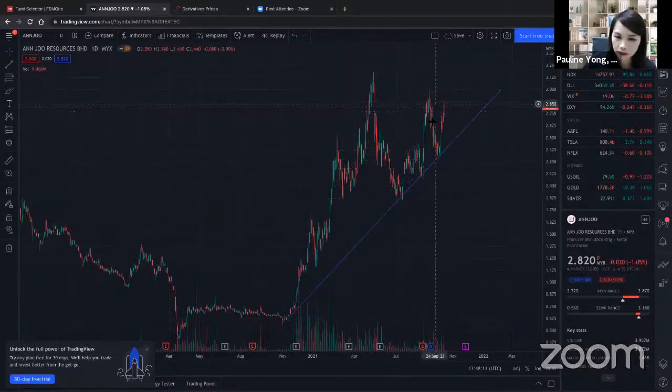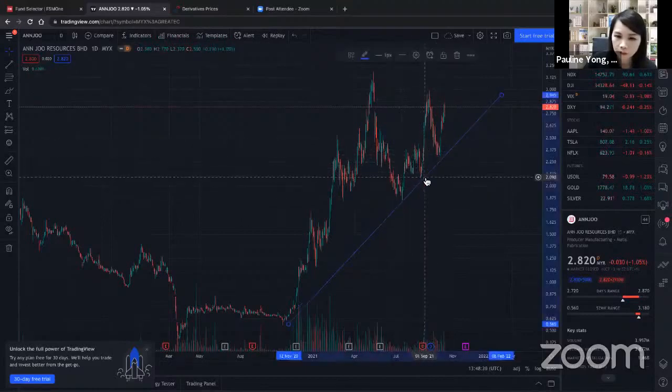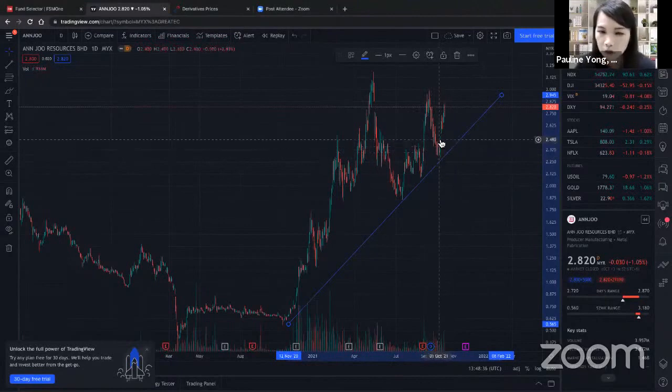So starting another count of 1, 2, 3, 4, 5, A, B, C. So here actually you can see an internal wave here, 1, 2, 3, 4, but this cannot. Okay, 1, 2, 3, okay, 4. But this 4 is actually over already, so this cannot be 4.